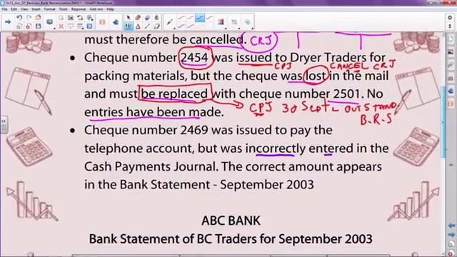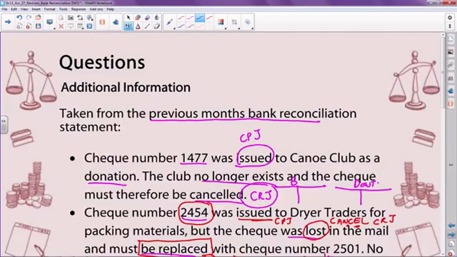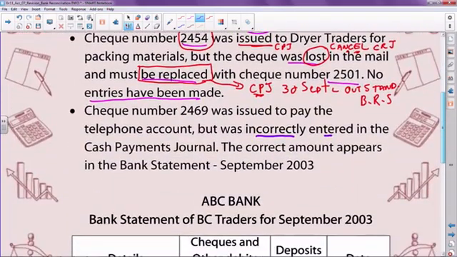But according to the information given to us, there's been an error. It was issued to pay the telephone account, so that's fine, but was incorrectly entered in the cash payments journal. We've entered the check as 963 in the CPJ, and I'm going to put a cross there because that's the incorrect amount.